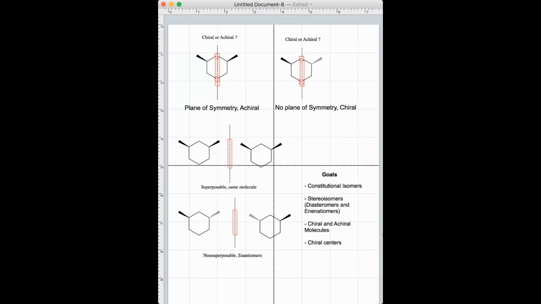So you can look into two molecules, 3 or 4, and determine if they are constitutional isomers, if they are stereoisomers, if they are diastereomers, if they are enantiomers, assign chiral centers, and so forth.